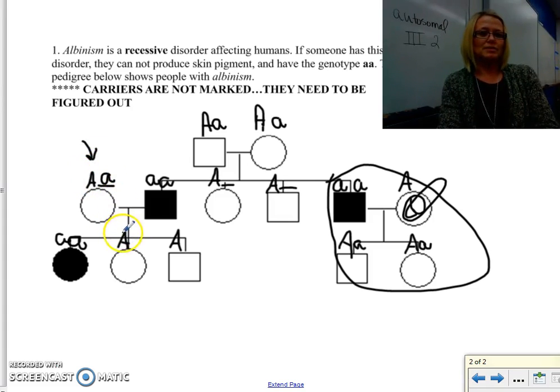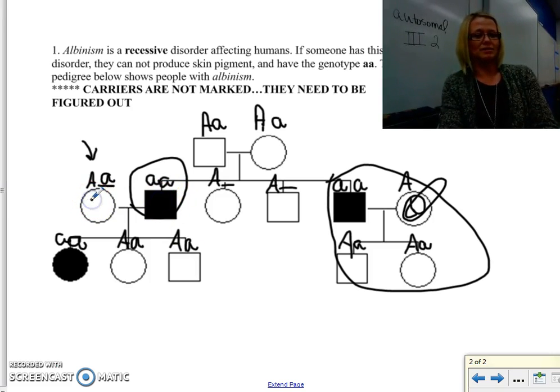So this dominant allele was given to both those offspring. That leaves this parent as the only other donator of that other allele. So the only possible genotype for these two is also heterozygous. They had to have inherited a recessive allele from this parent if they inherited the dominant allele from that parent.